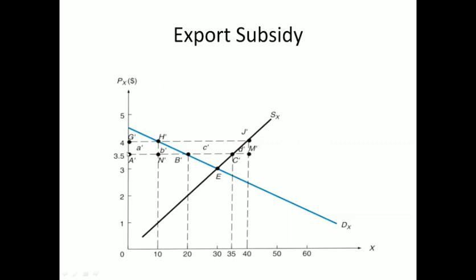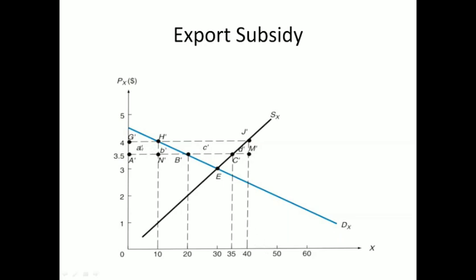At the same time, producers are producing more of this commodity, moving from 35x to 40x. Because they are now encouraged to produce more as a result of this export subsidy, the government may relax their taxes or provide them more subsidies to produce more of this commodity. So instead of 35x, they are encouraged to produce 40x of this commodity.